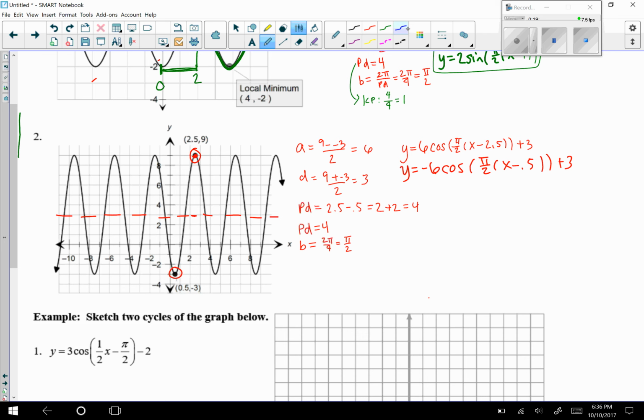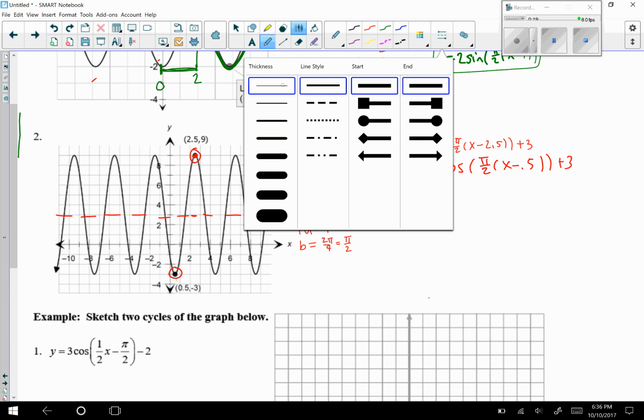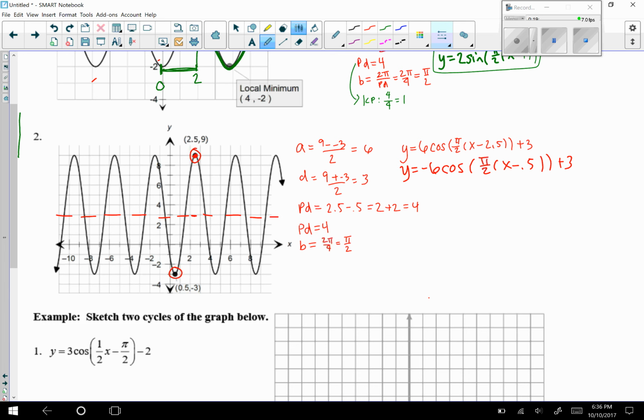So for the next one, if we want to find a sine graph, sine graphs have to start on the midline, so somewhere right here. It's kind of hard to tell where that's at. If I'm unsure, I can use my max and my min values to help me. It looks like it's at 1.5, but we want to double check. So remember, to double check, you're taking the average of your max and your min x values, because you know it has to be in between.